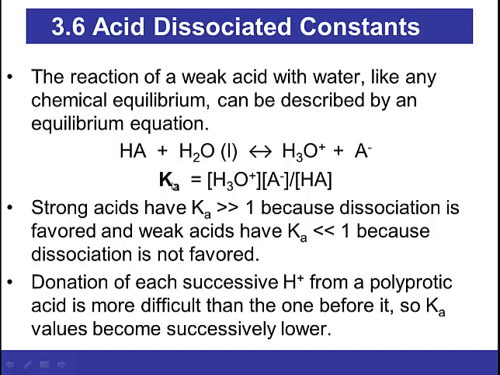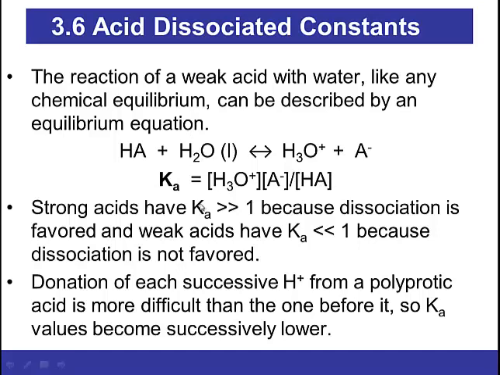So the Ka value, or the dissociation constant, is going to be dependent upon the right side of the equation, how much of the compound is actually over here compared to how much of this acid is in the acidic form. So our Ka dissociation constant is the concentration of the hydronium ion times the concentration of our conjugate base, which is essentially the anion, and this is over the acid from the left side of the equation.